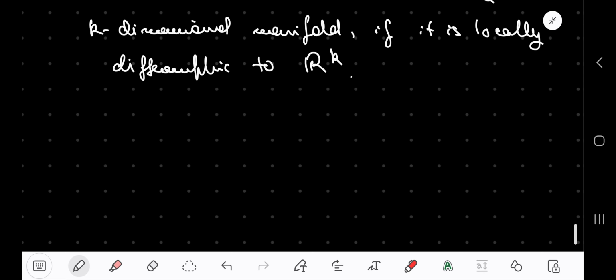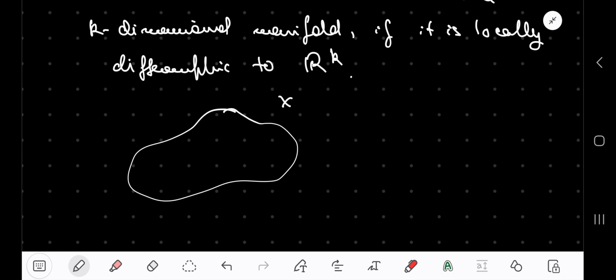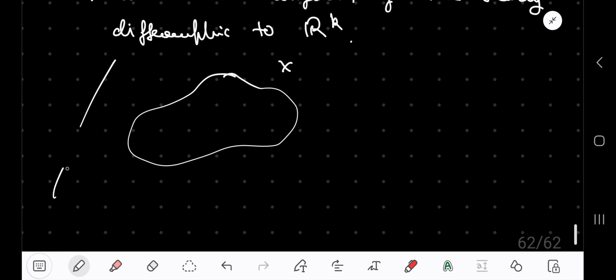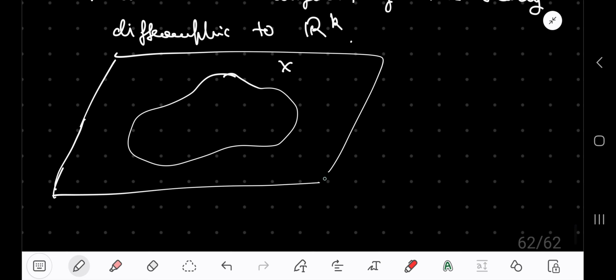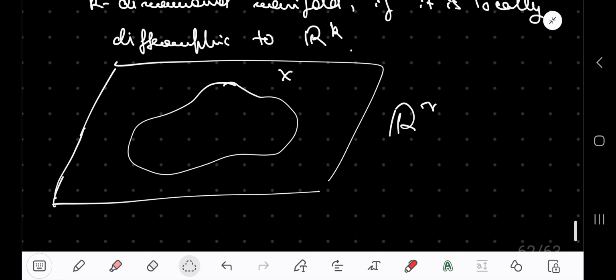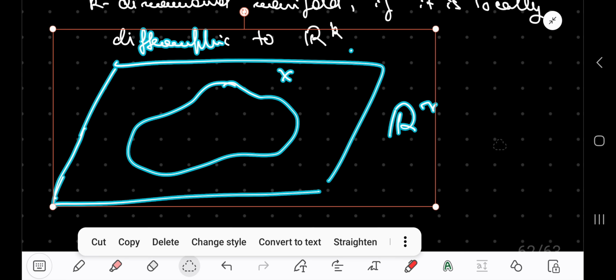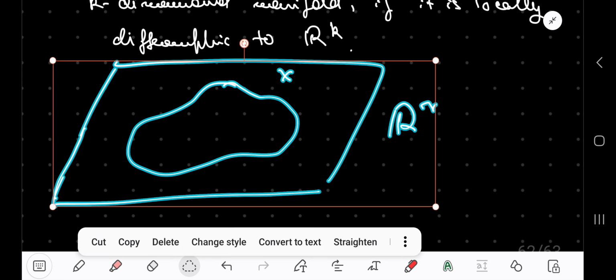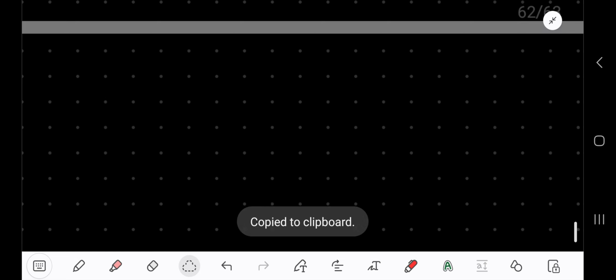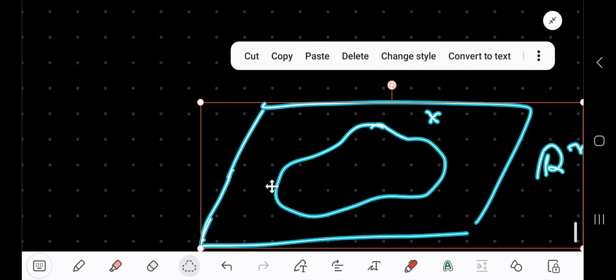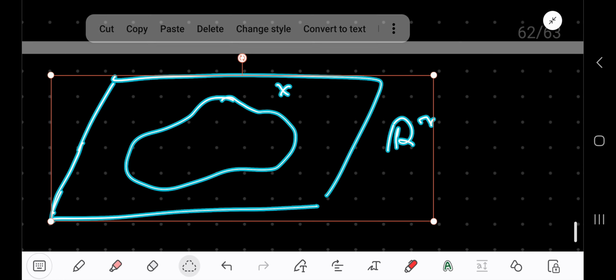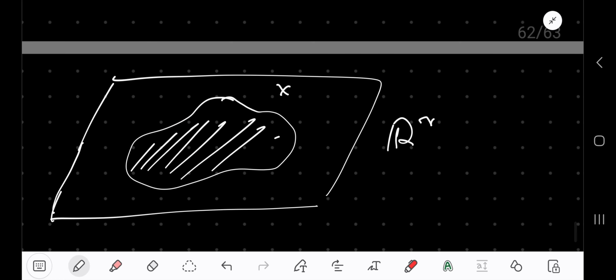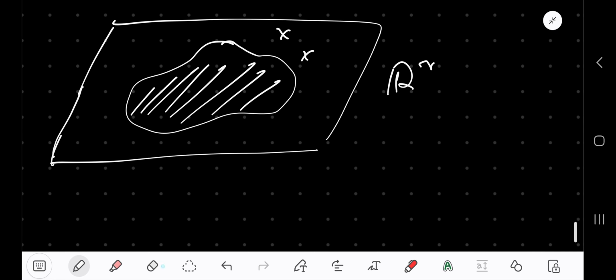What do I mean by this? Suppose this is my X and it resides in some higher space Rn.